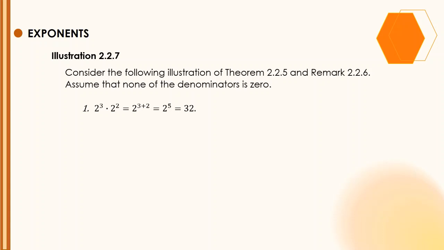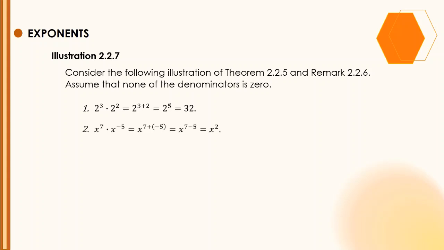So, pag pareho ang base at multiplication, copy the base and add the exponents. So, this will be equal to 2 to the power of 3 plus 2. 3 plus 2 is 5, kaya this is equal to 2 to the power of 5. 2 to the power of 5 is equal to 32.